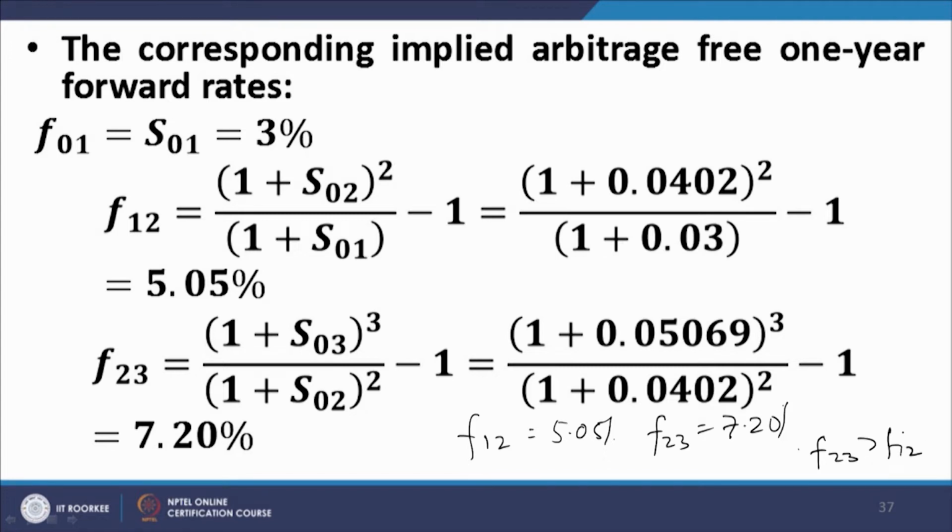So, the more distant the rate relates to, the higher it is going to be compared to the rate closer to today, provided the underlying premise is that it is an upward sloping yield curve. This phenomenon relates to the upward sloping yield curve.